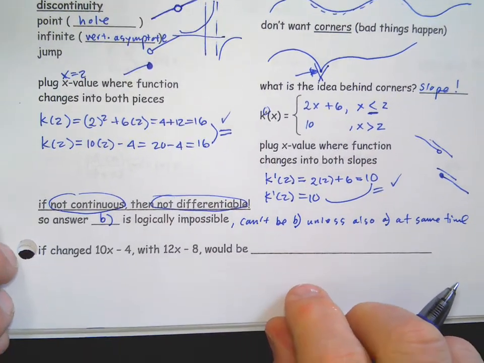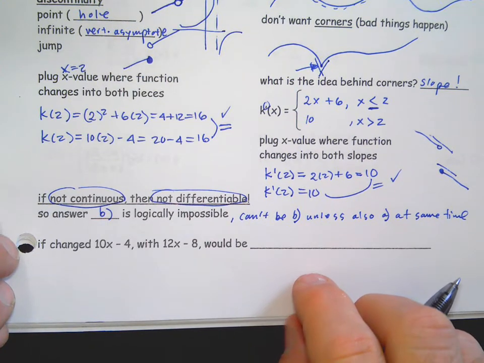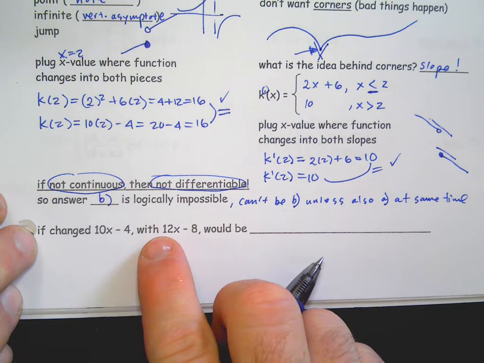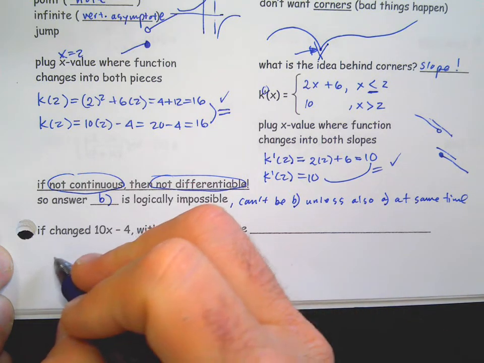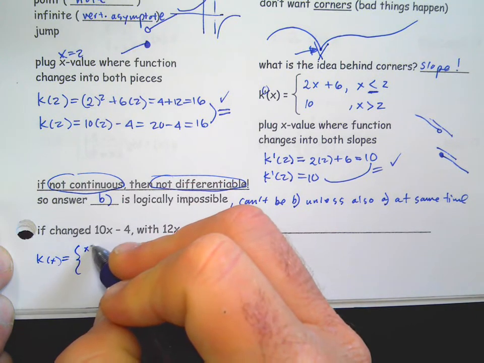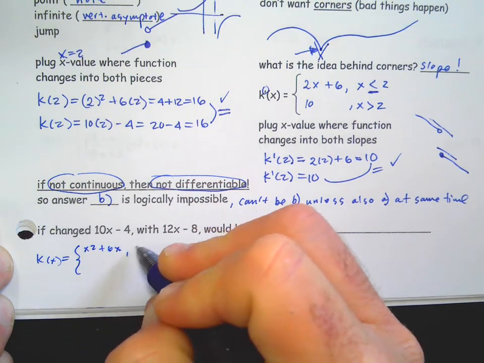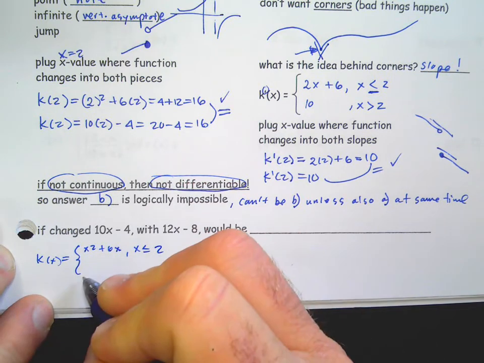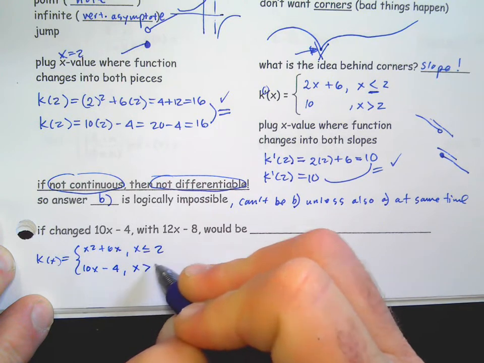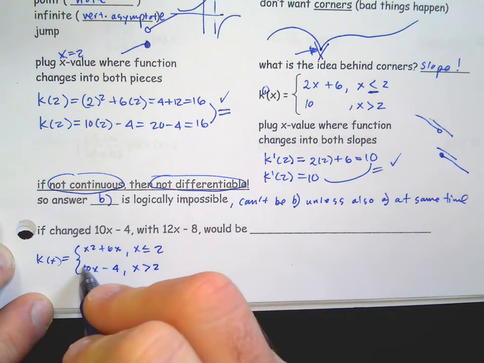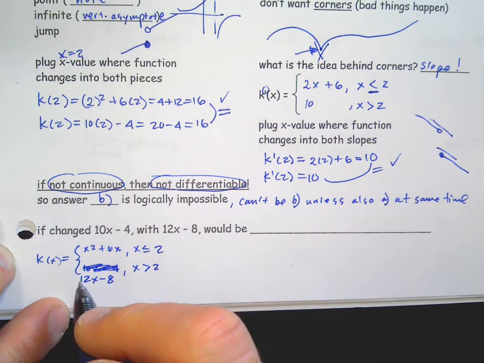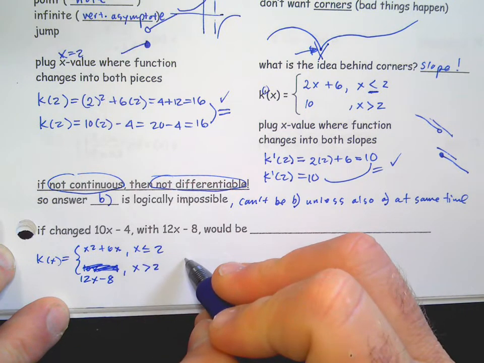Now, just as an example to kind of show you how something could work, if you change the 10x minus 4 to 12x minus 8, so I'm essentially redefining the function. So we would want to check for the continuity.